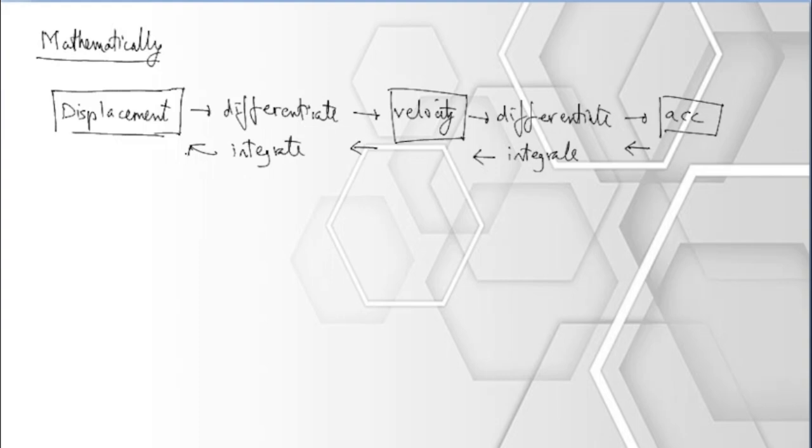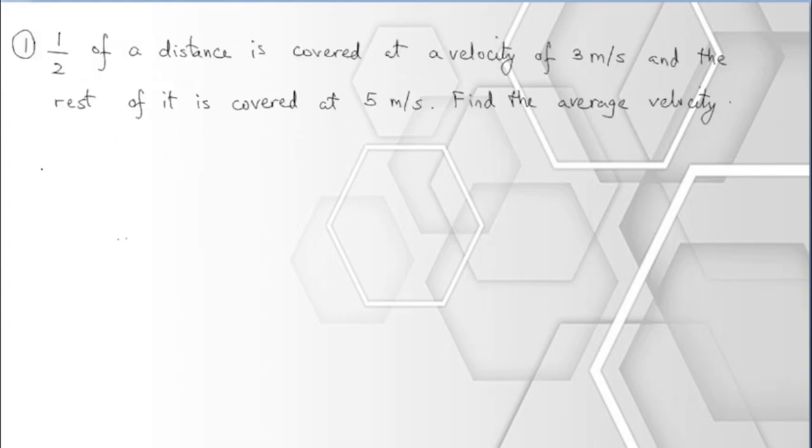Let us check this question. Half of a distance is covered at a velocity of 3 meters per second and the rest of it is covered at 5 meters per second. Now assume that the total distance is x. Half of the distance, or x by 2, is covered at a velocity of 3 meters per second.